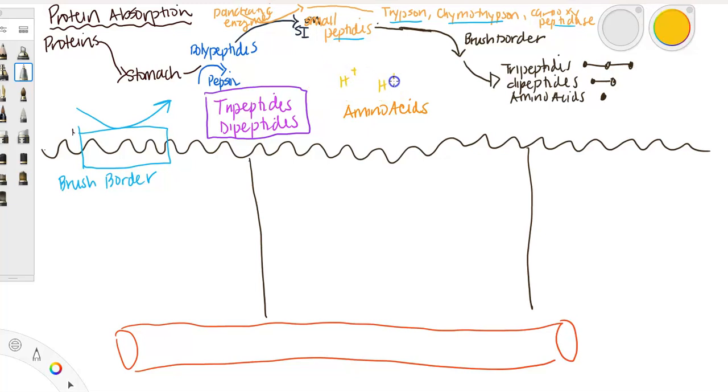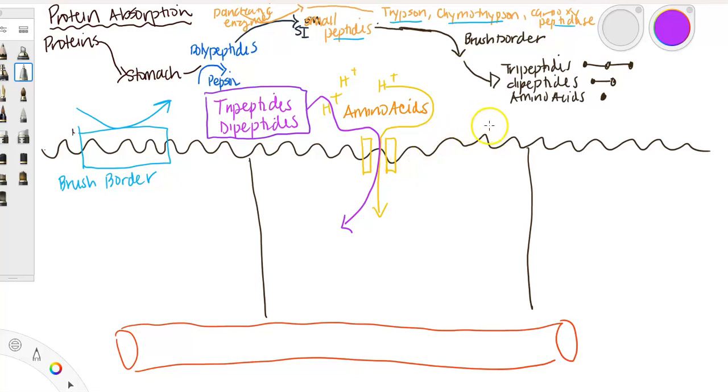So we've got hydrogen out here in the lumen, and on the plasma membrane we have a transporter that co-transports hydrogen and tripeptides and dipeptides.